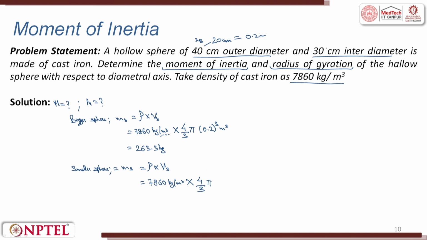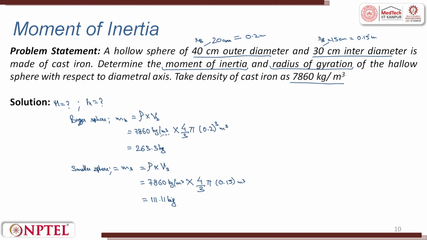Here r is 15 centimeter, so r of the smaller sphere is equal to 0.15 meter. So this is 0.15 meter cubed. I have gotten this mass as 111.11 kg.